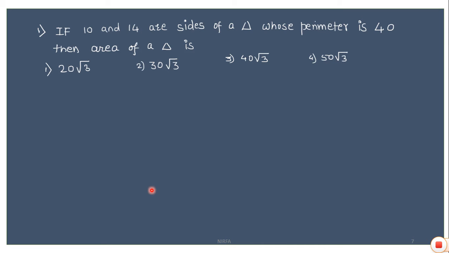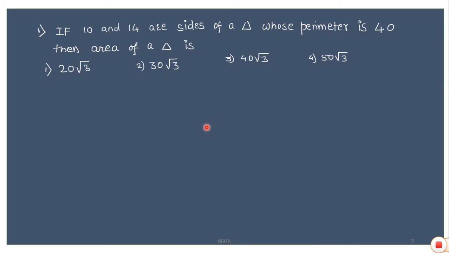Here you have to calculate third side by making calculations in mind. So here two sides are given, add them, it will become 24, and the perimeter is 40. So 40 minus 24, you will get third side as 16.